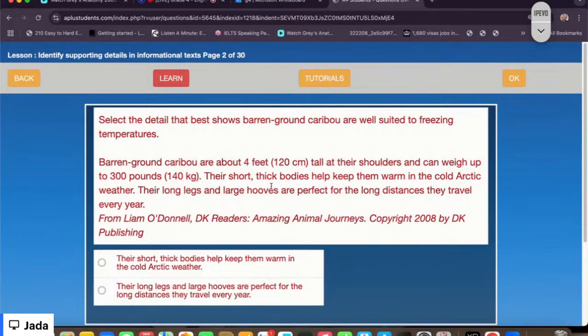So, what do you think? Option one for this. So, it's best showing that barren ground caribou are well suited to freezing temperature.